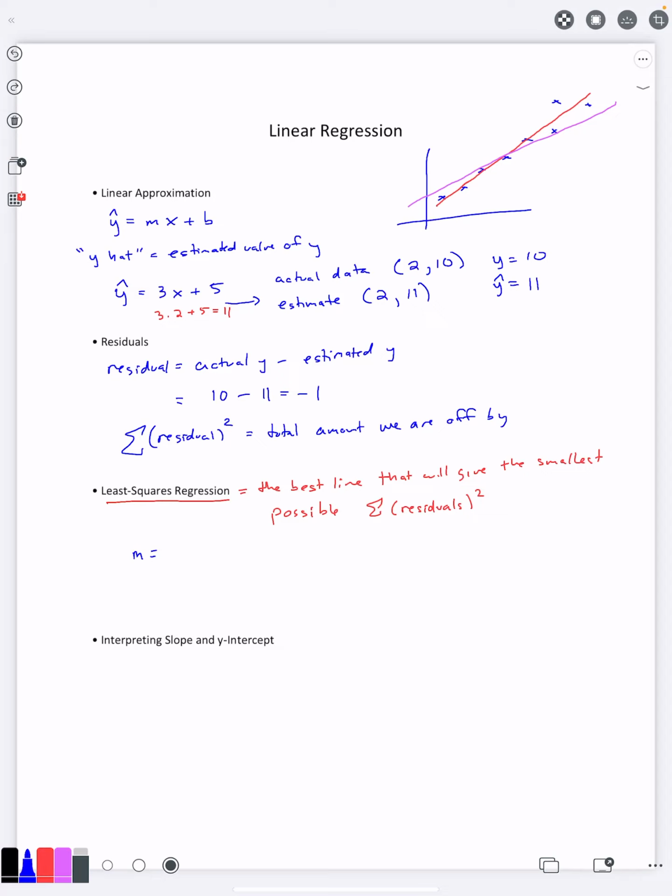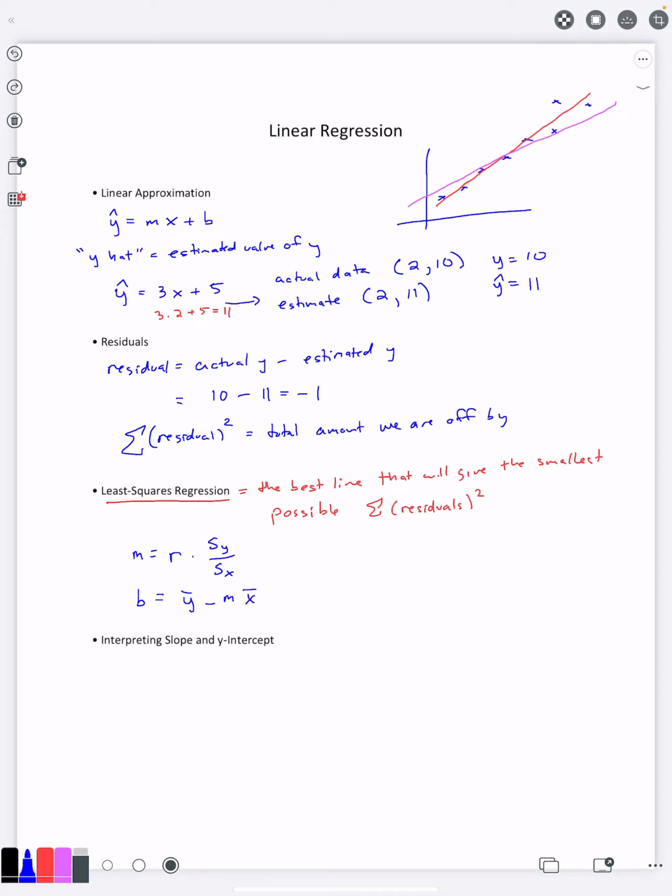The slope is going to involve the correlation coefficient, the sample standard deviation of y divided by the sample standard deviation of x, and then the y-intercept is going to be based on the means of the y's and the x's, the y bar and the x bar. Those are the sample means.